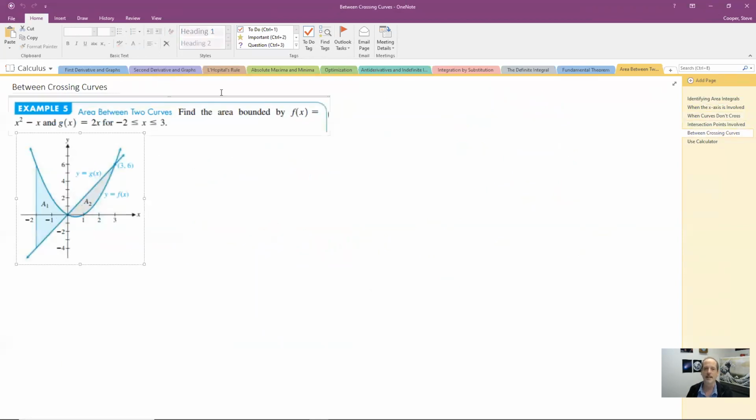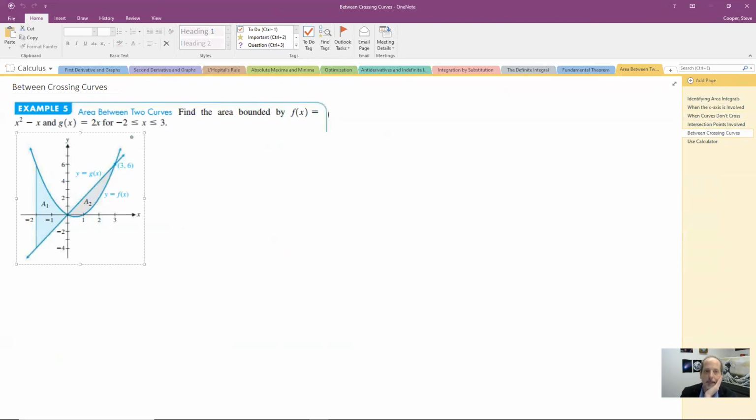Now, if we've got intersections that cross, what are we going to do here? In this case, they would like the area bounded by F. And F is on top during some part of it, but then F is on the bottom during the other part.